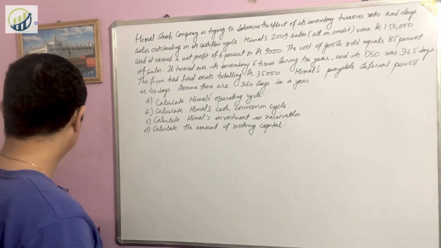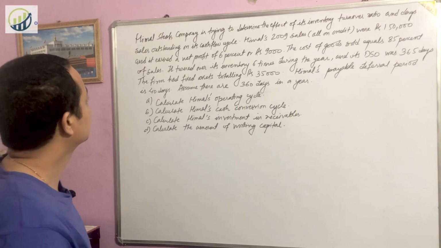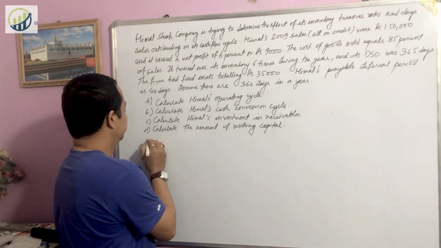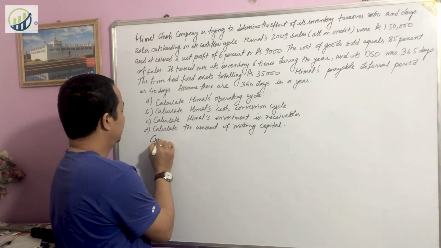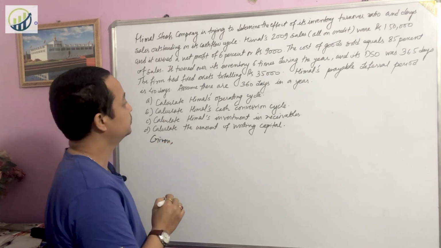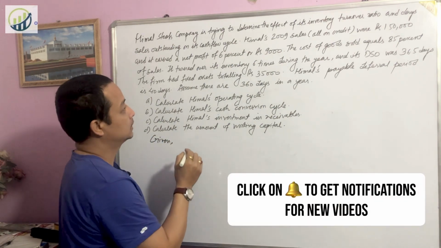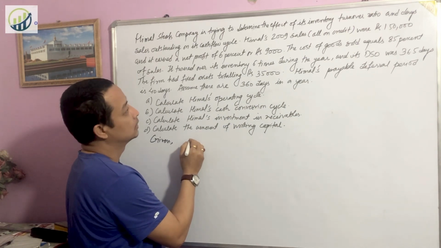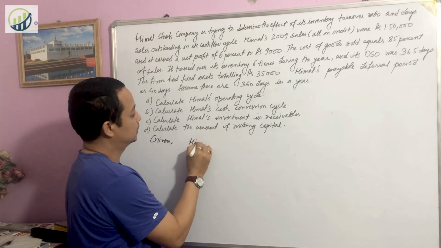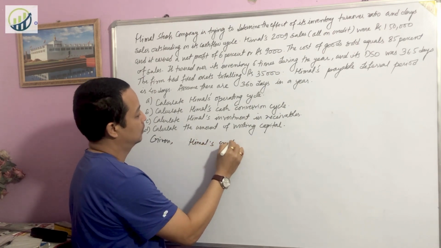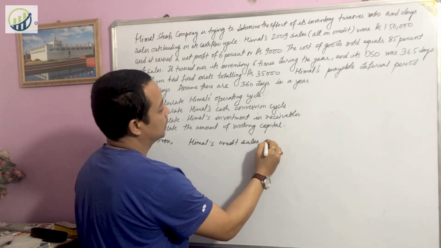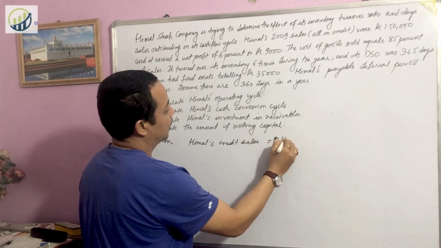Now let's solve this. First of all, let's write the given. Given is Himal's credit sales, that is rupees 1,50,000.